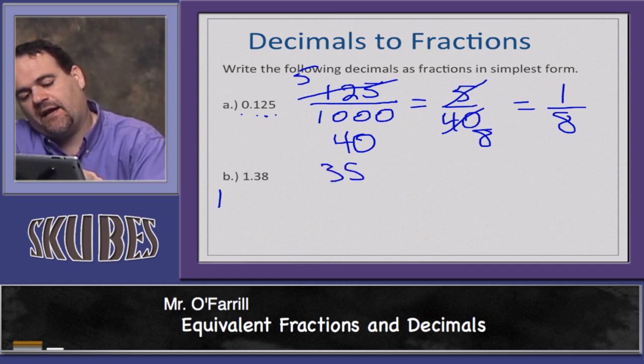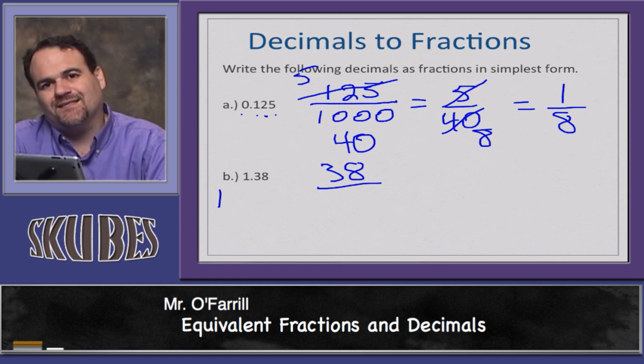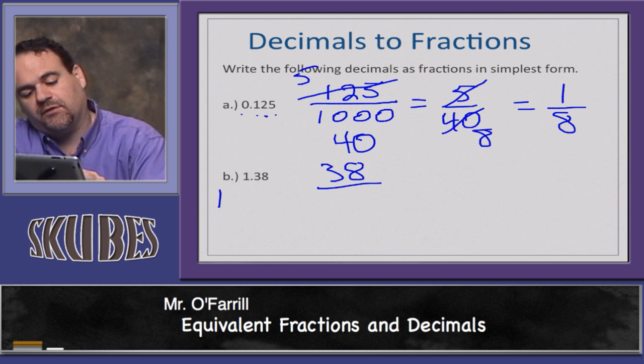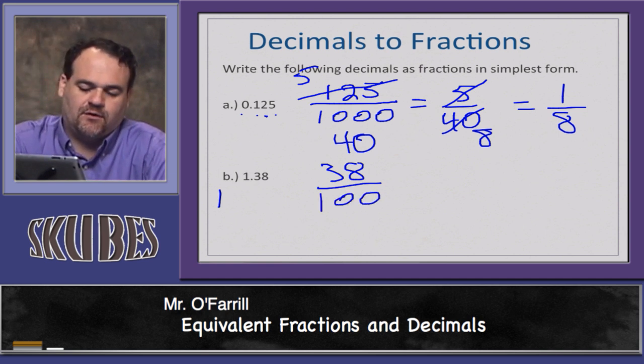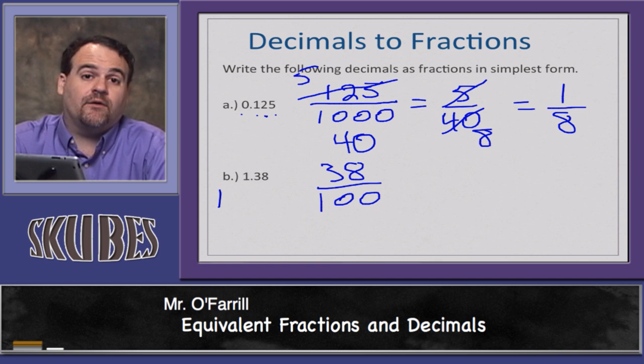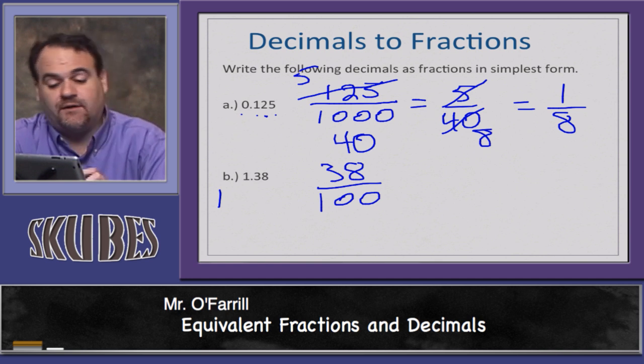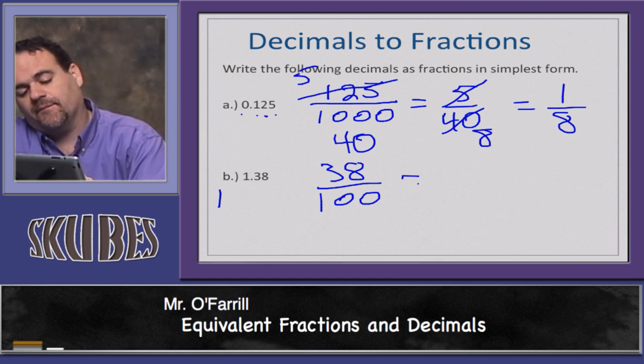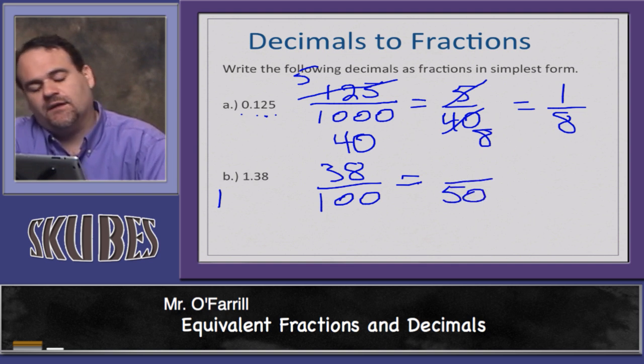So it's 38 out of, and how many places is that? The 100th place. 38 out of 100. Well, I don't know. Let's just take it slow. We know they're both even numbers, so let's start by doing that. Divide them both by 2. Half of 100 is 50.